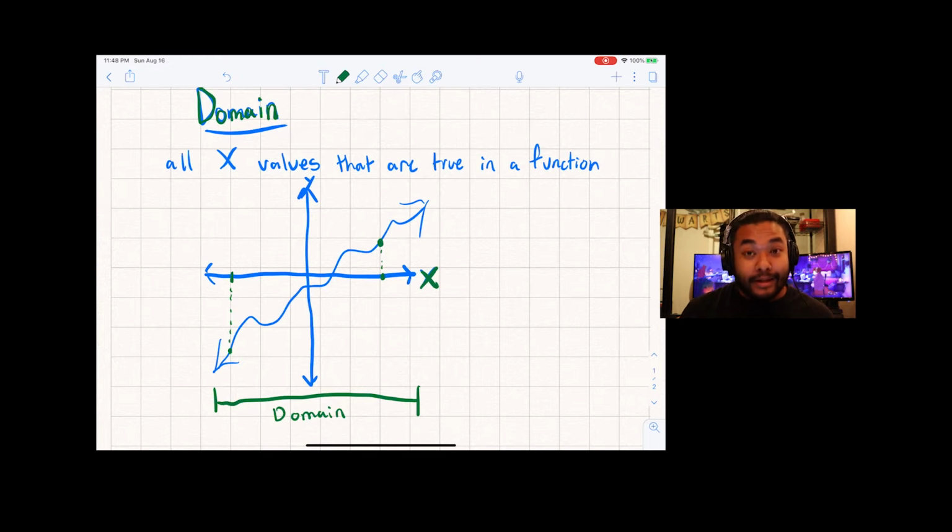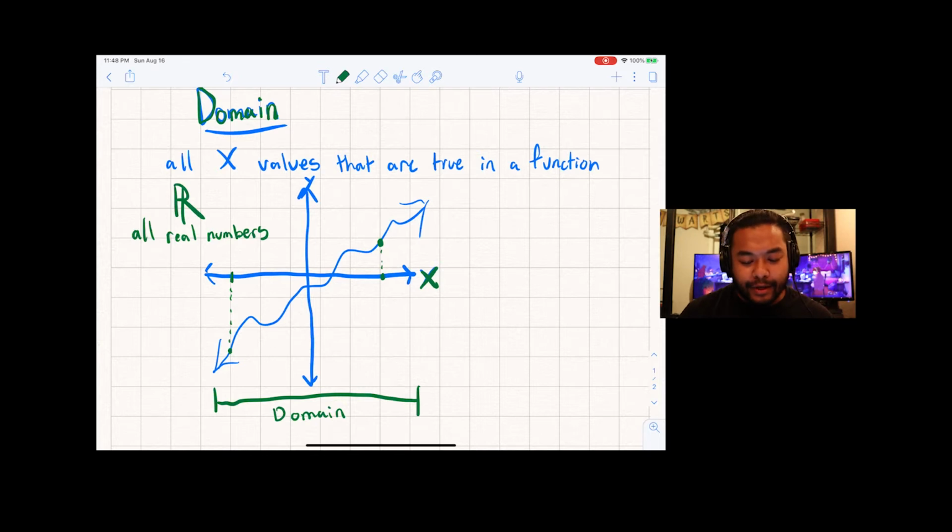Since these arrows keep going in both directions, and they keep going and going, and we have no idea when they stop, that's what the arrows mean. Then we know that there's a very real possibility that all possible x values are true on this function. So many times, especially when we're looking at continuous functions, and I'll talk more about what a continuous function is in a bit, we say we're talking about all real numbers, and we see that symbol quite often.